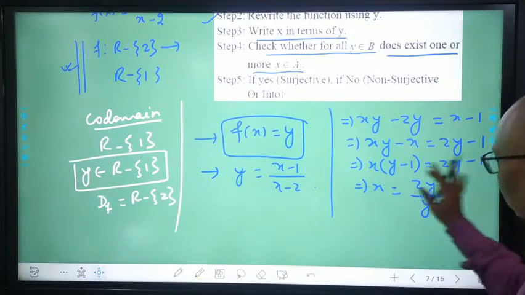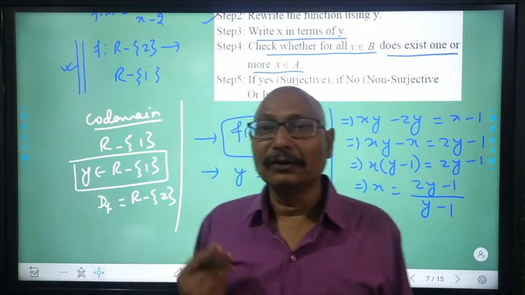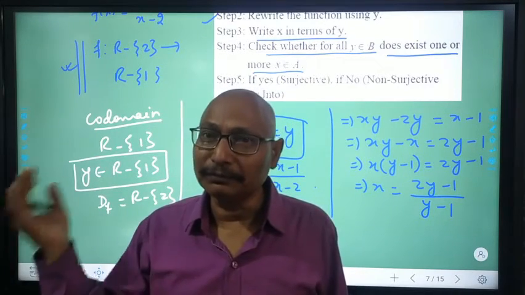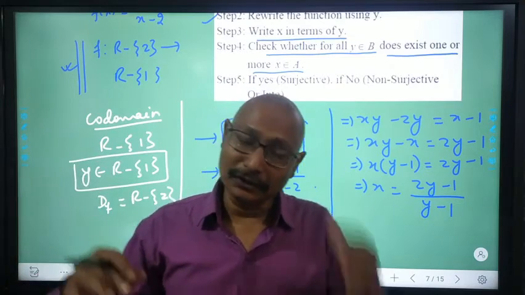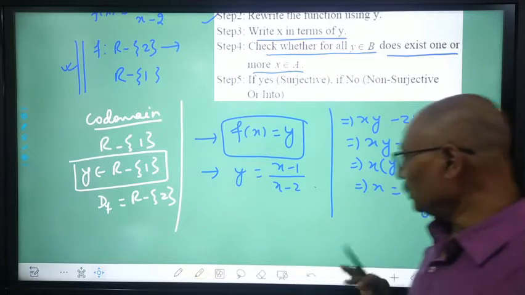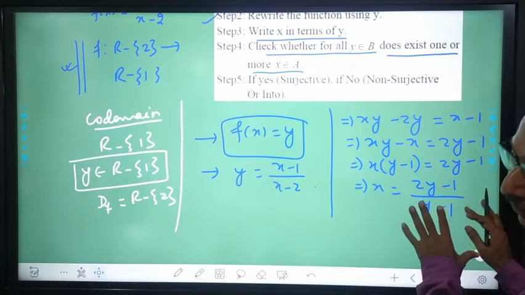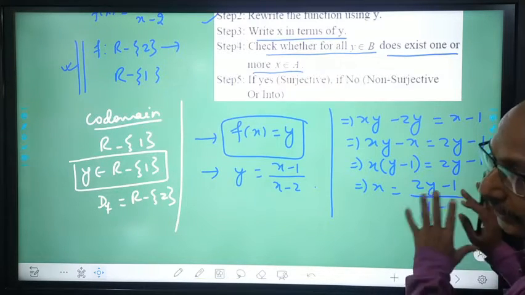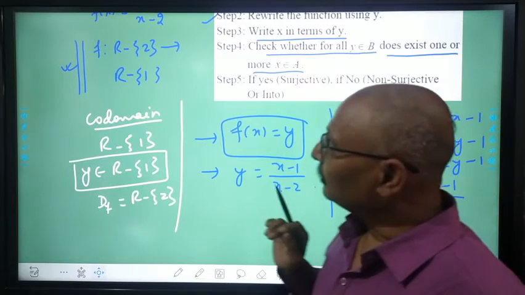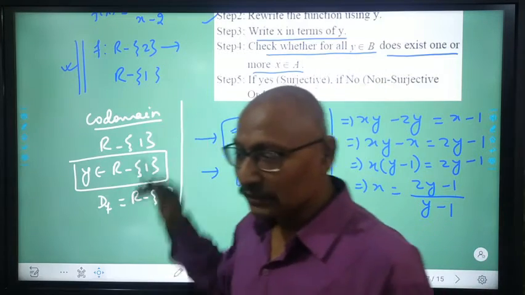If the answer comes 2, then in the first instance we will feel that it's correct, all y's of the codomain are paired. But that is not true, because if for any value of y we get x equal to 2, then is there 2 in the domain? No, not at all. There is no 2 inside the domain.